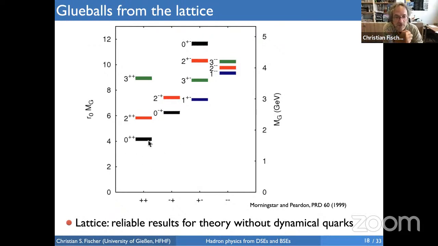The 0++ is the lightest one, and then depending on the quantum numbers, the others are heavier. And the 0++ is around 1800 MeV. And the reliable results on the lattice have only been obtained in this theory without dynamic quarks. All the full calculations are on a very, very exploratory level.